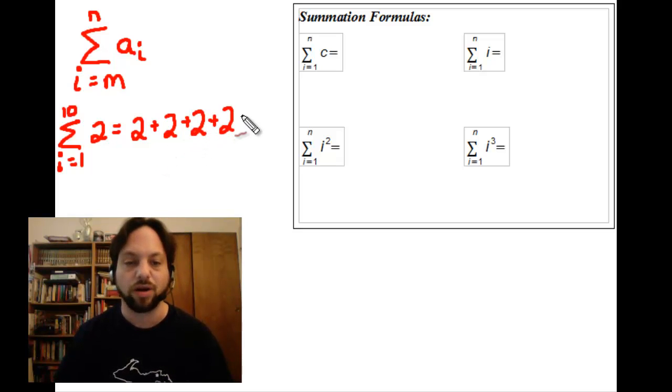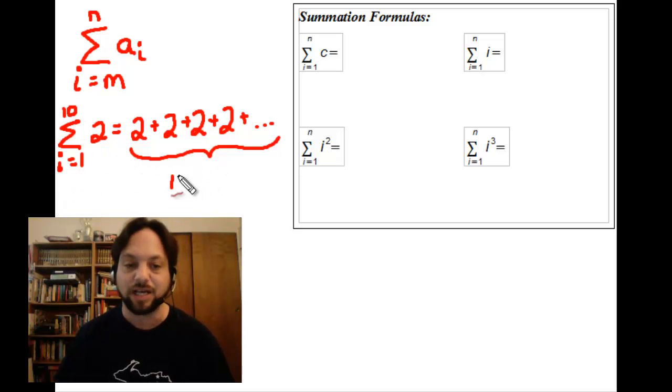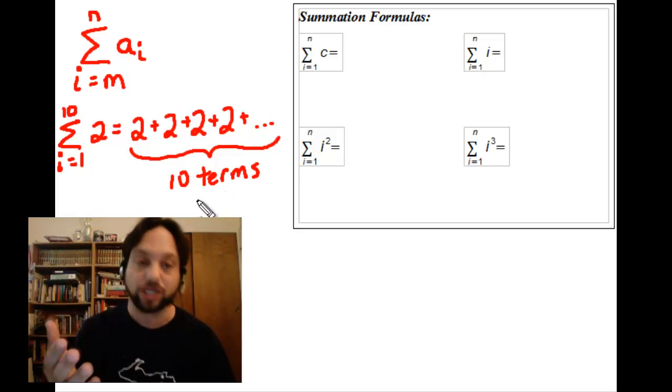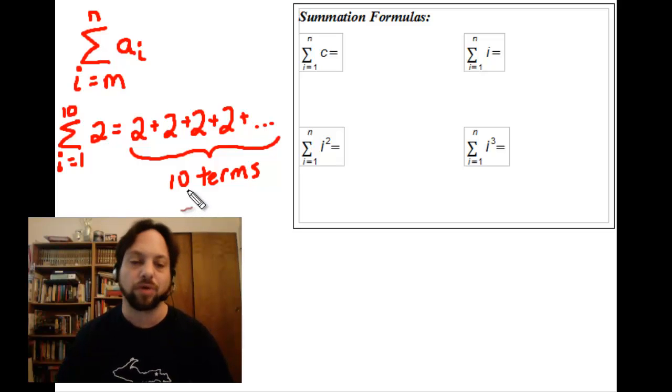And for i equals 4, and so on and so on. So the question is, how many of these terms will there be? Well, if we start at 1 and go up to 10, that tells us that we will have 10 terms that are all literally just 2. So what's going to happen when we add all those up? Of course, what we'll have is that 2 ten times.